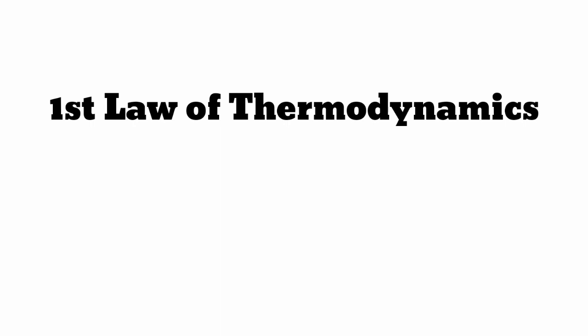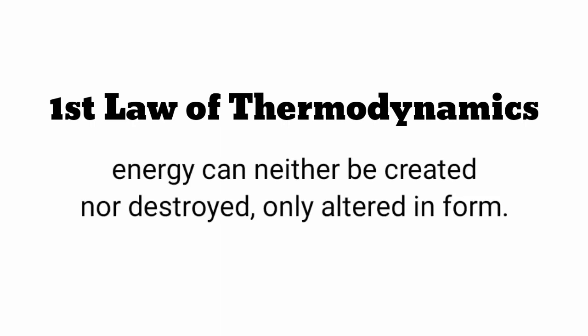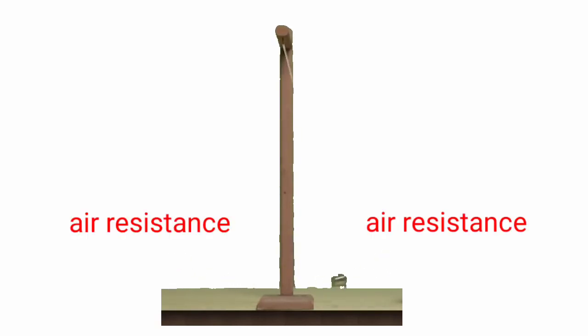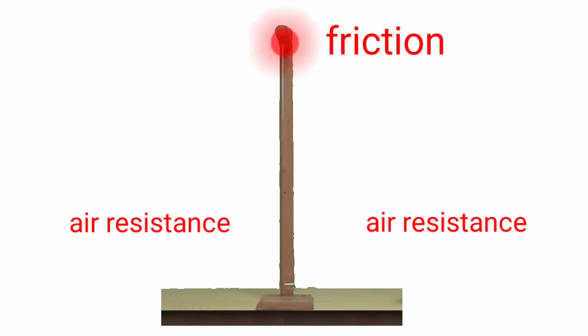According to the first law of thermodynamics, energy can neither be created nor destroyed, only altered in form. The dissipated energy from our pendulum is dissipated into heat by the process of friction. This happens on the ball while it is experiencing air resistance and at the point where the string is attached.